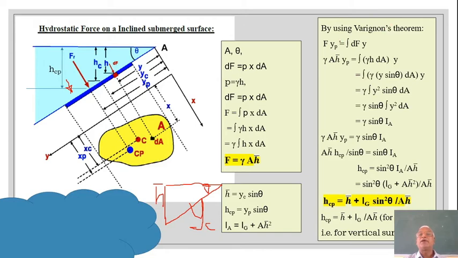Now again, by using Varignon's theorem, the resultant force F is acting at a distance called yp. So F into yp, that is the moment of the resultant force about point A, is equal to the sum of moments of all the small forces acting over the whole area.